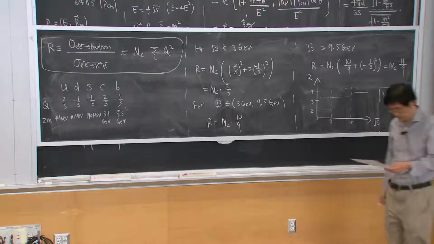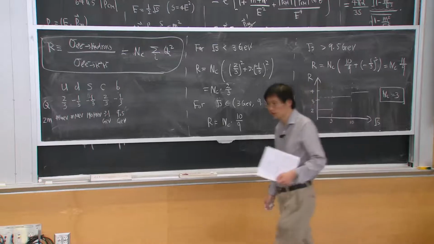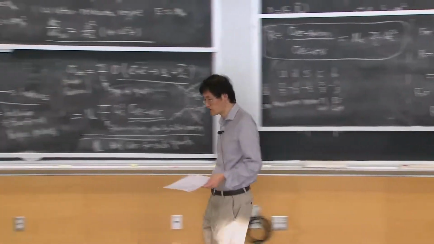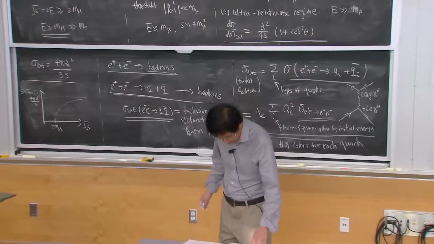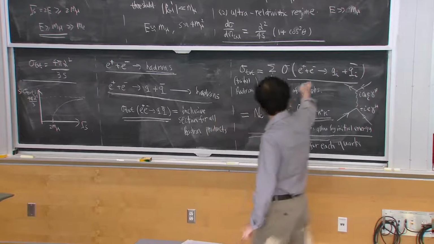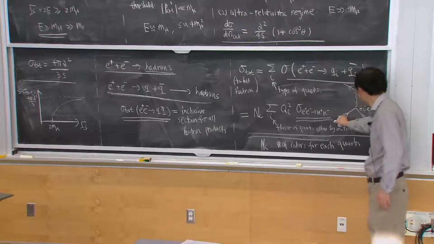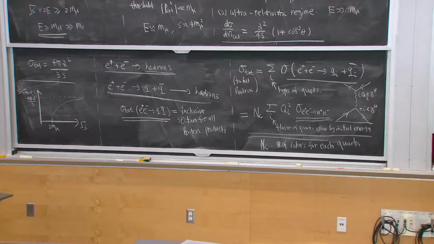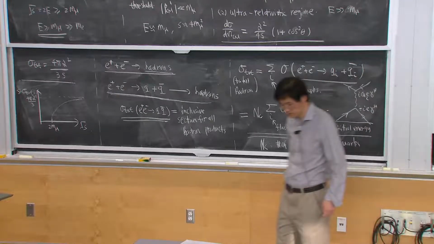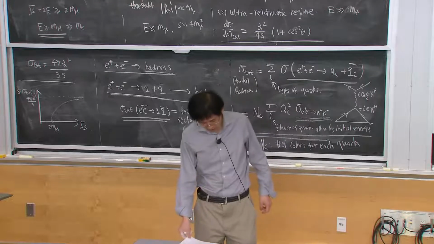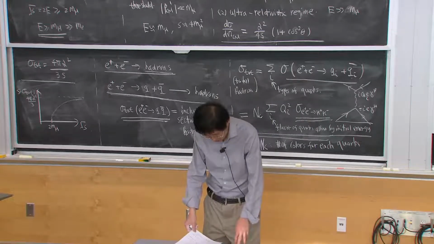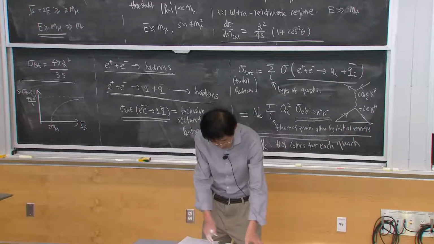Okay, good. So this is very nice and simple. Even though this is a very simple process, it actually has very important physical implications, in fact quite profound physical implications.